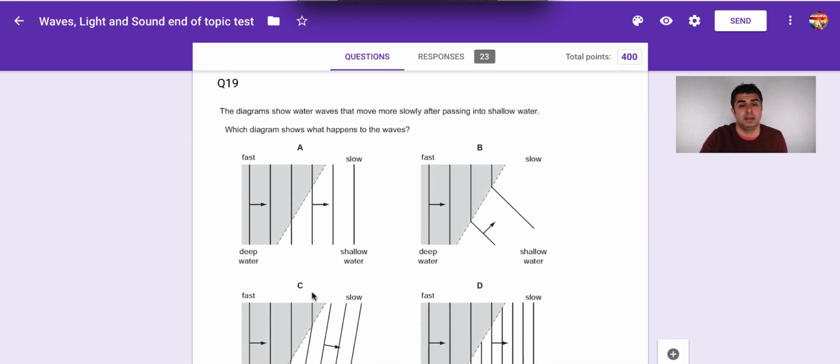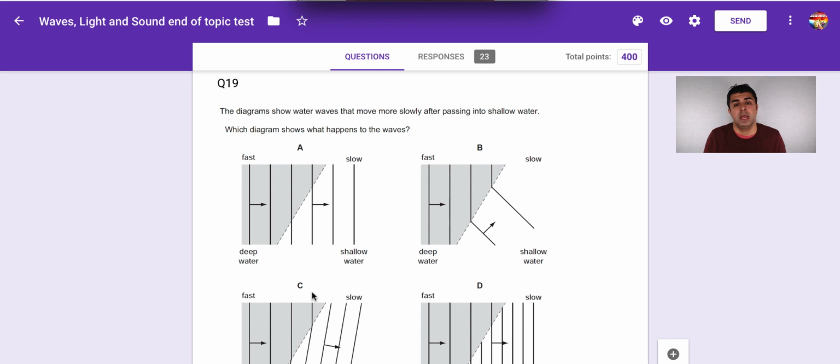Question number 19. The diagram shows water waves that move more slowly after passing into shallow water. Which diagram shows what happens to the waves? Well, if you're going into shallow water and it's telling you that it's going to move more slowly, then surely the waves will be closer together, they'll be bunched up.